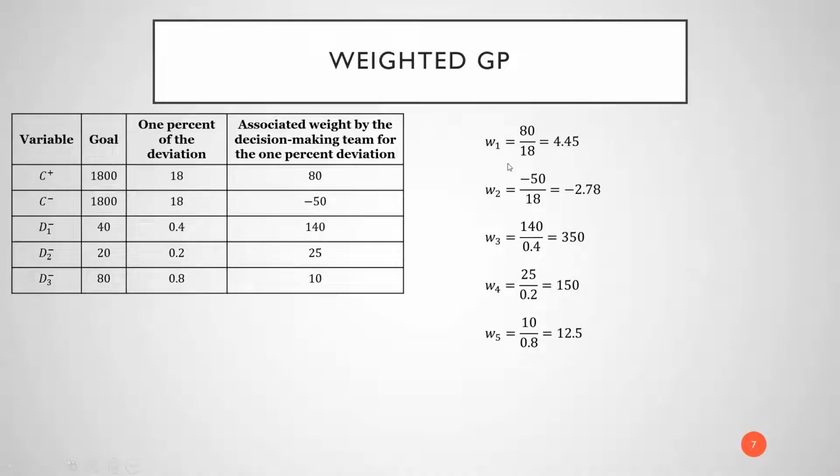And when you see that minus 50 weight for the C minus variable, it is not a surprise that the managerial team has decided to give that a minus weight, because of the minimization nature of the problem, where our priority is to have a downward deviation.